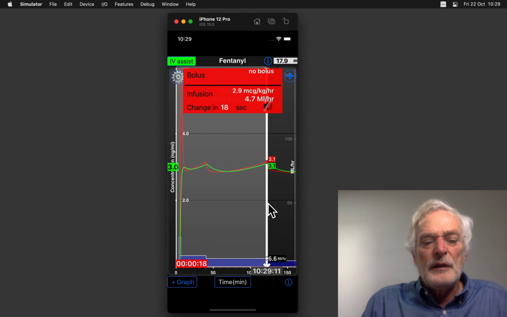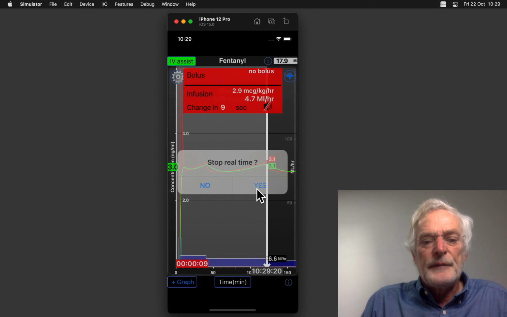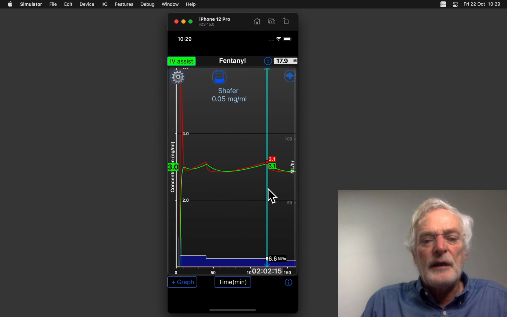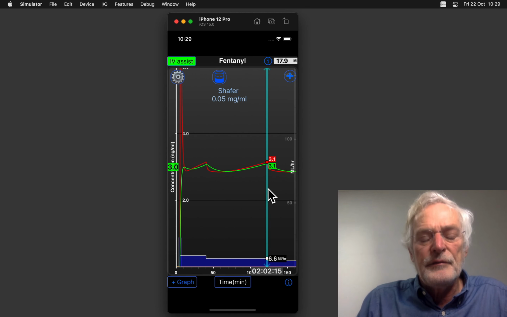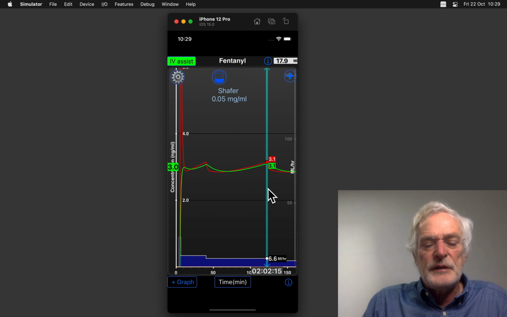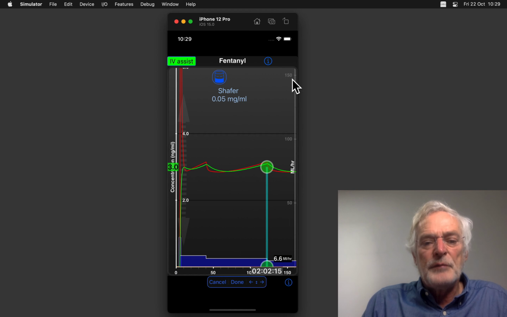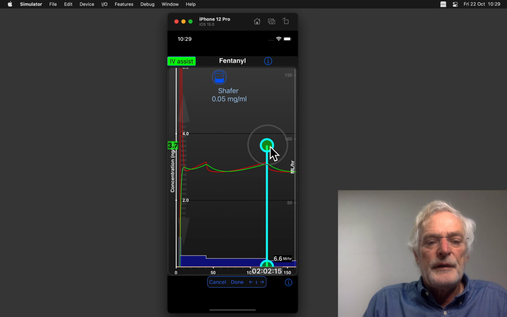Now, I can also change my target if I need to, and I'm going to switch off the real-time mode. And let's say that I need a little bit higher level of analgesia. Well, by simply pressing the plus button, I can change the target that was on 3 and go, for example, to 4.